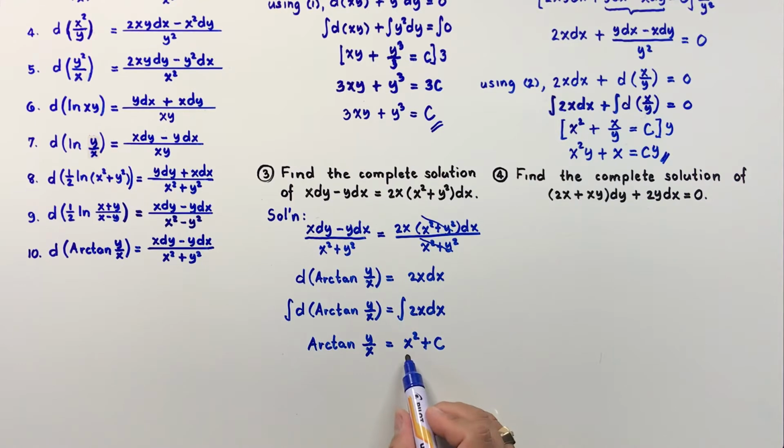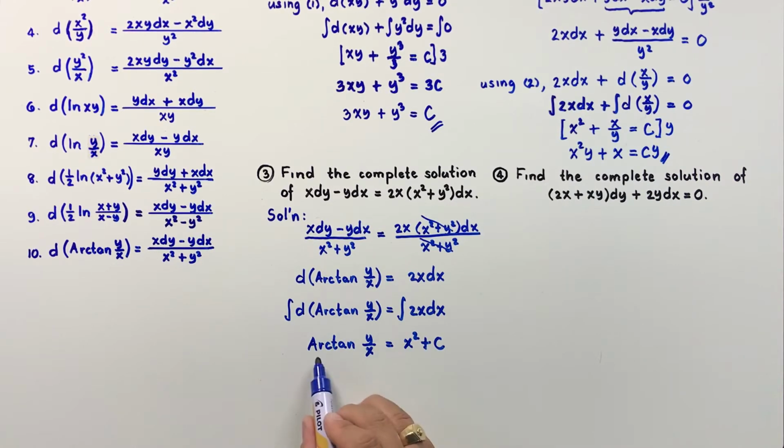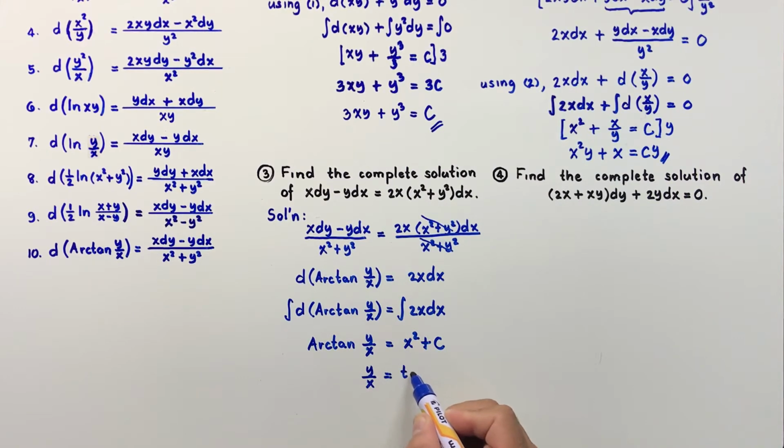So we have x squared as the integral of 2x, but this is added to the constant of integration c. So if we take the tangent of both sides, the tangent of the arctangent cancels because they are inverses to one another. So this is y over x, which is equal to the tangent of x squared plus c.